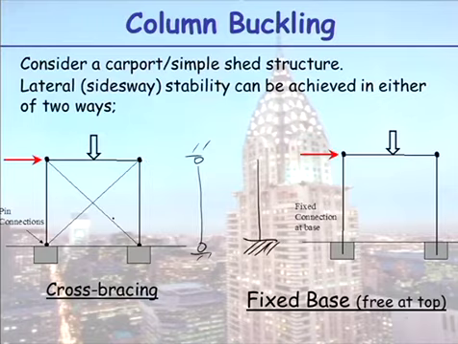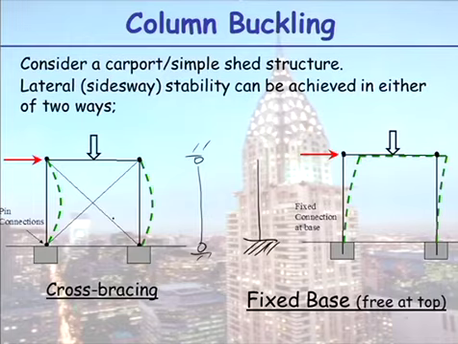It will stop it moving sideways. So if you load both those structures up to failure, how will they buckle? You can see there the two different buckle modes. You have the pin-pin case here, and here you have the fixed-free case there. So your effective length here is 2 times your true length. Your effective length here is equal to your length.